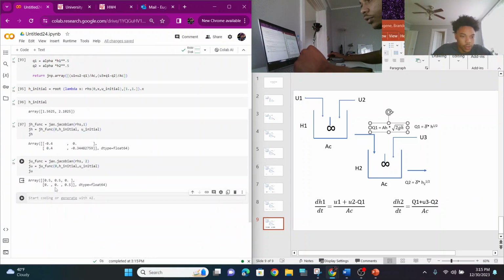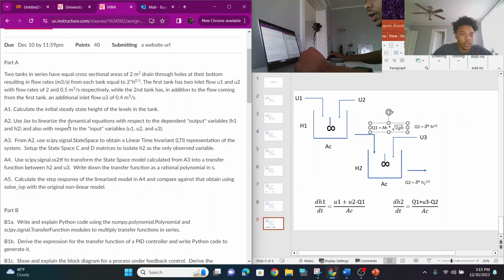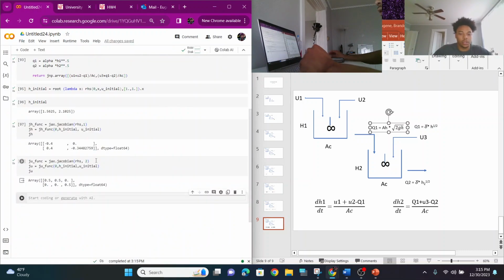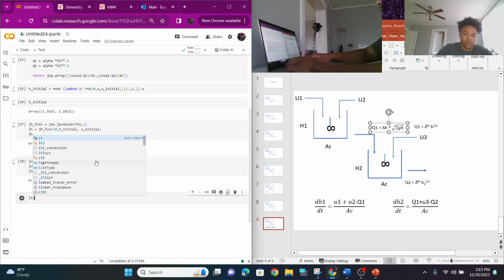So now that we have that going on, we're going to put this into a linear system, which is what it asks for. Use JAX linearized dynamical equations with respect to the data output variables from A2, and use scipy StateSpace to make the linear time invariant system. So I'm going to show you a linear time invariant system, LTI.